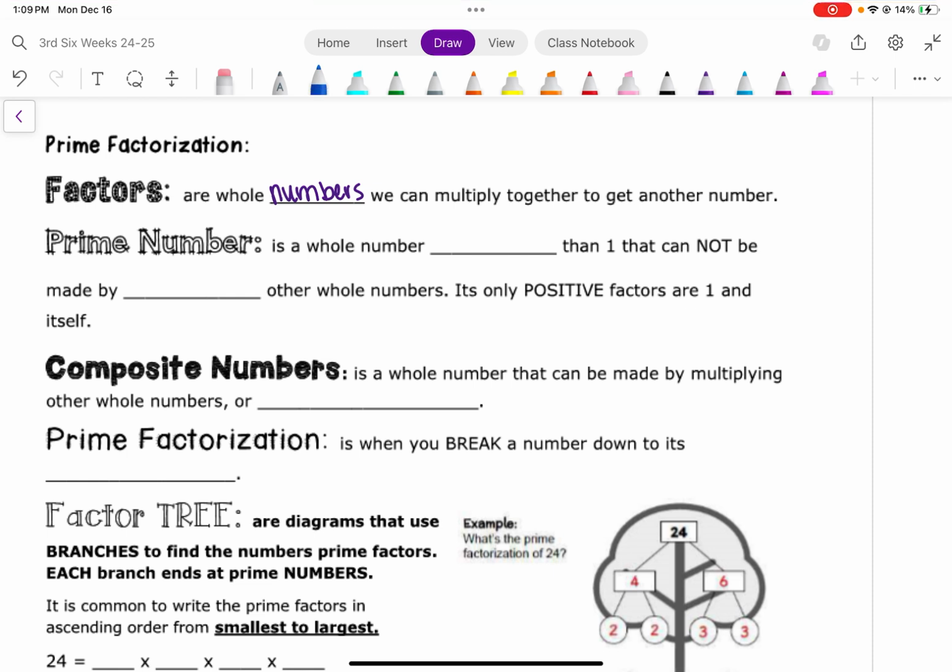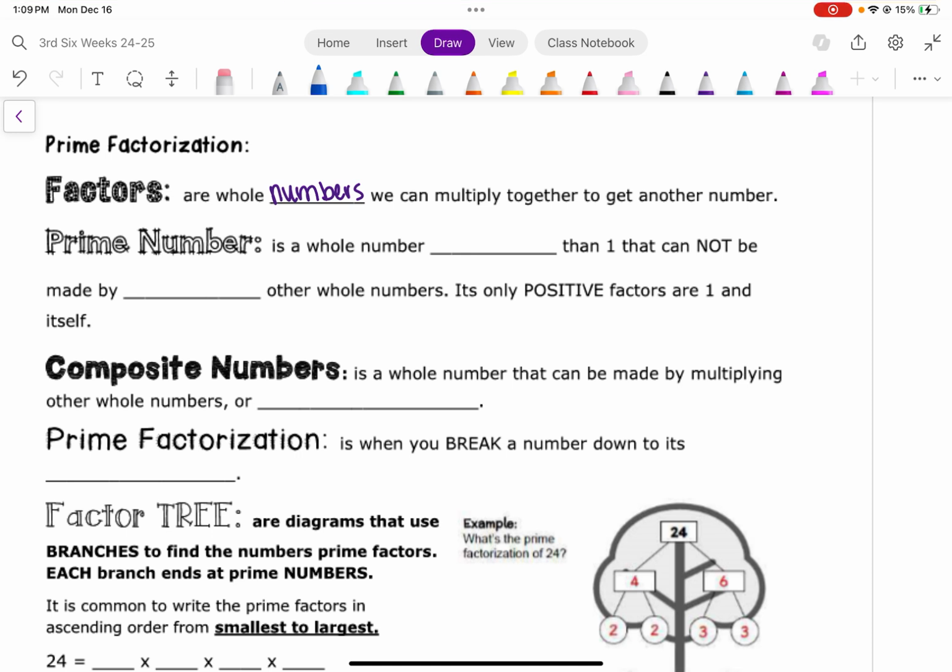A prime number is a whole number that can only be divided by 1 and itself. So a prime number is a whole number, bigger than 1, that cannot be made by simplifying.